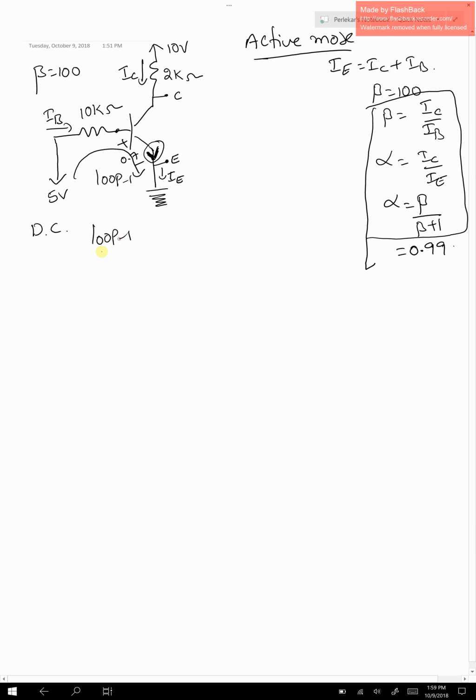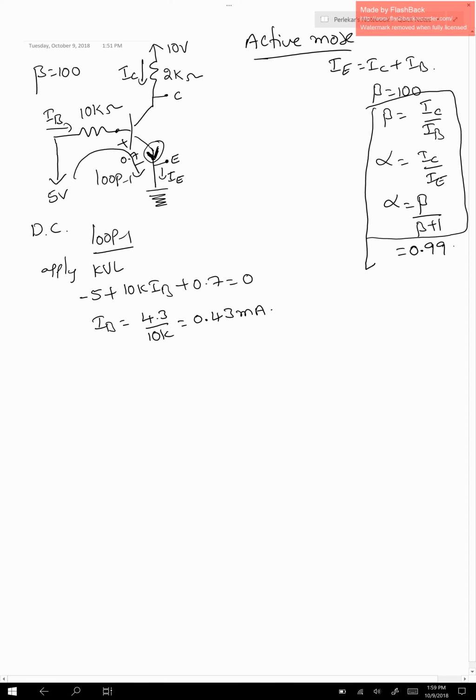Loop 1, apply KVL: minus 5 plus 10k IB plus 0.7 must be equal to 0. So IB must be 4.3 divided by 10k, which is 0.43 milliampere.